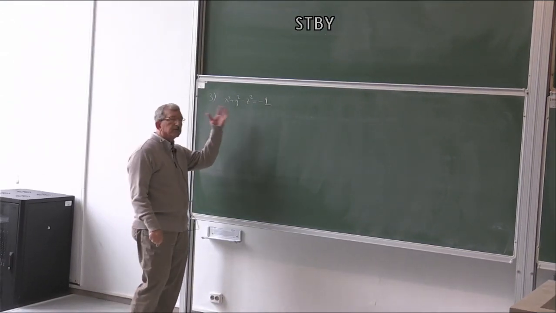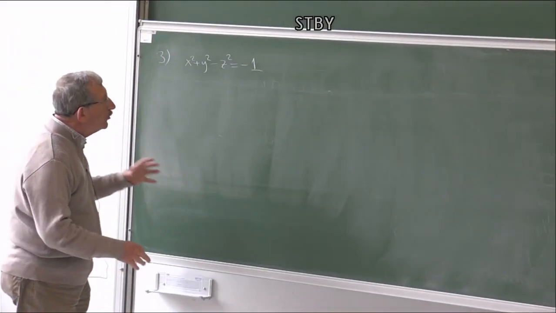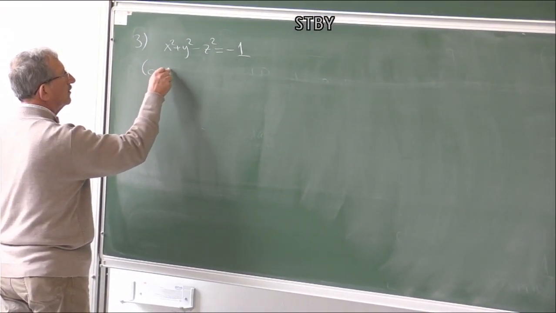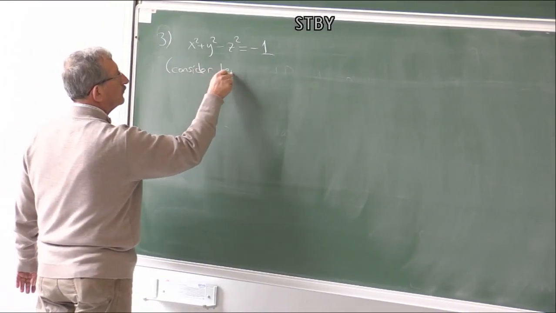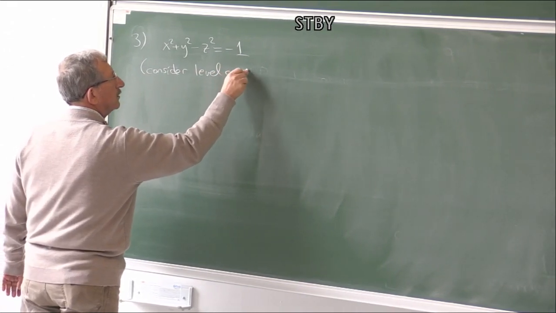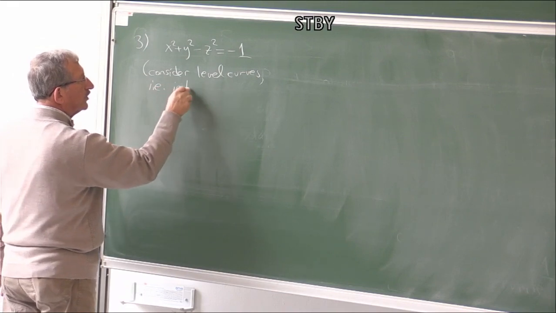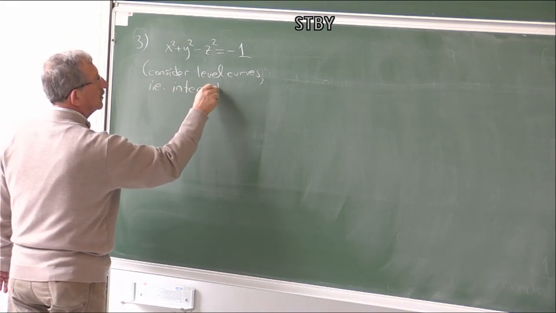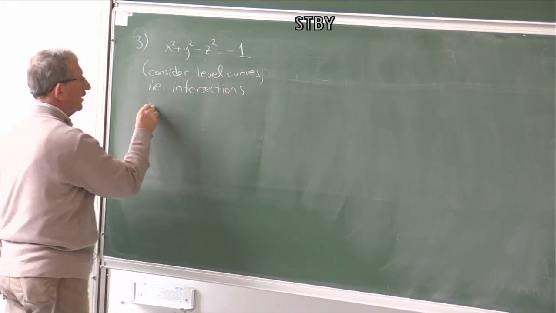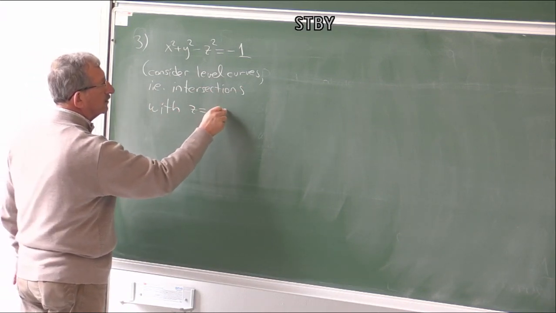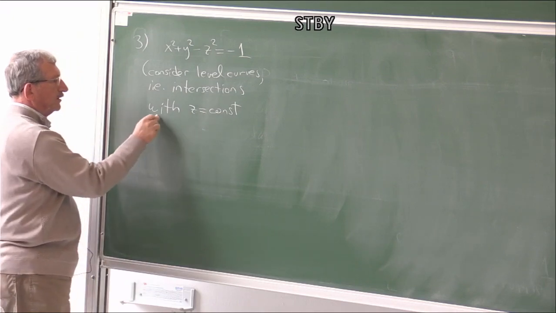Now, what difference does this make? Again, we do the same thing. Consider level curves, that is, intersections with z equal to constant planes.